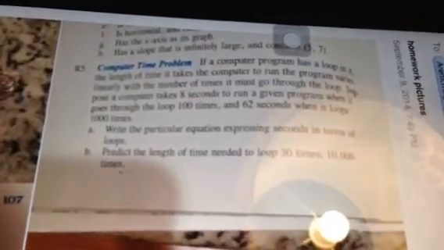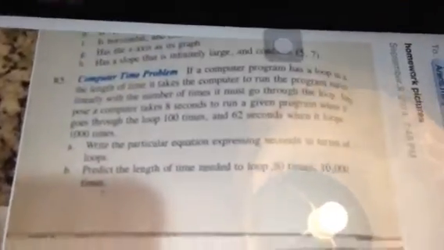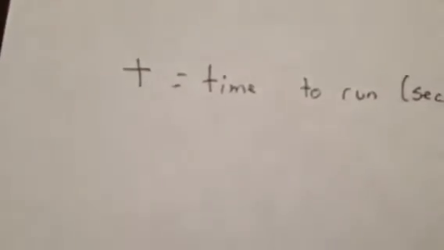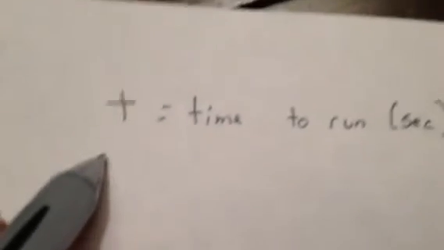Now, we have two things that are involved here. First of all, the amount of time it takes to run the program. So we'll call T equals the time to run, and that's in seconds. And then we also have the number of loops, n.